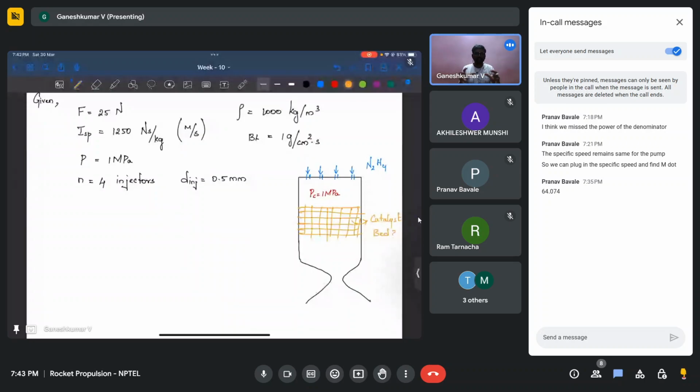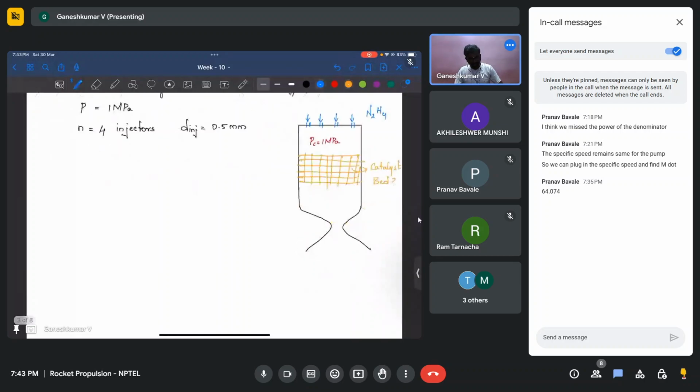We do not want a slower reaction to happen. That's why we have this catalyst bed, and this bed is actually a porous bed through which hydrazine flows, and then it reacts, and gases get generated. As Ram sir told, this is just to increase the reactivity of your monopropellant.